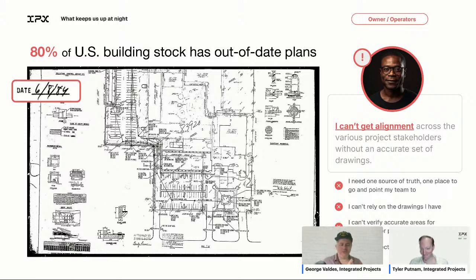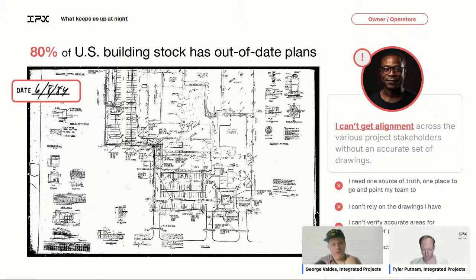So to start with, if you caught some of these before, this might seem well worn, but the real problem in the industry in general is that 80% of the building stock has outdated plans, and this is the area that we really operate in. So when we talk about verified conditions and the challenges that brings, it's the reality that a lot of people are dealing with.